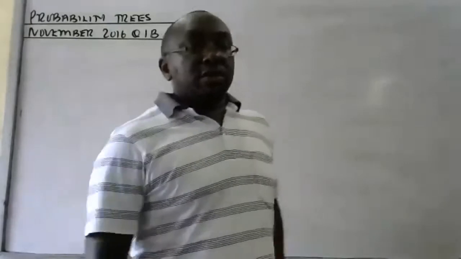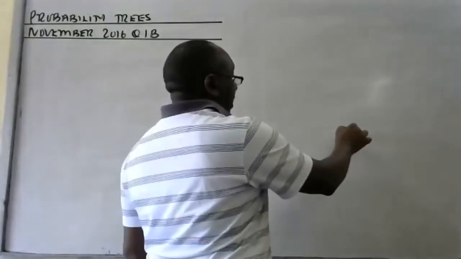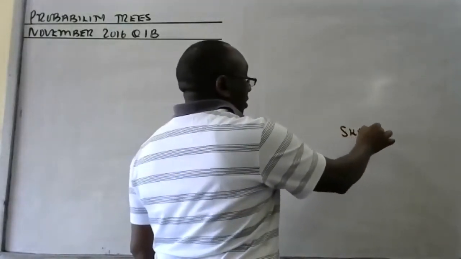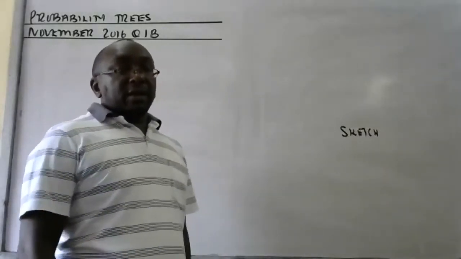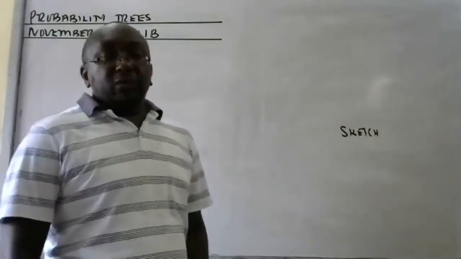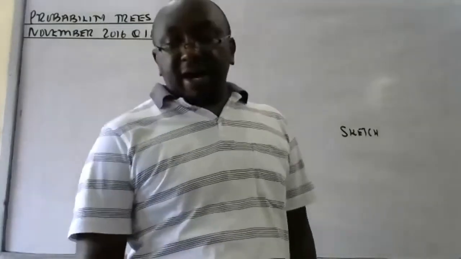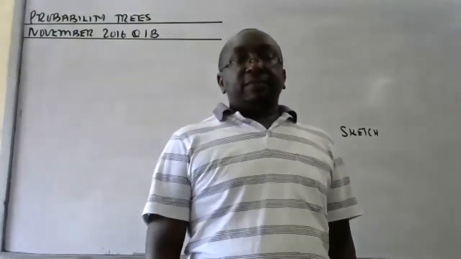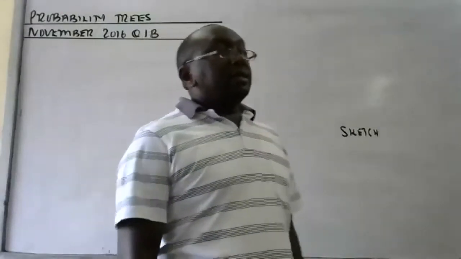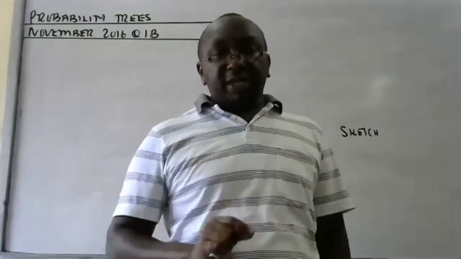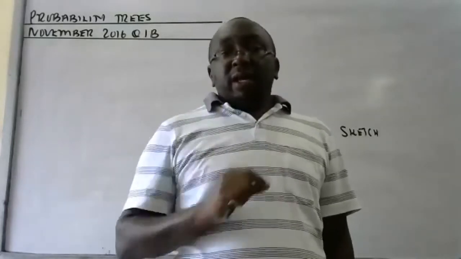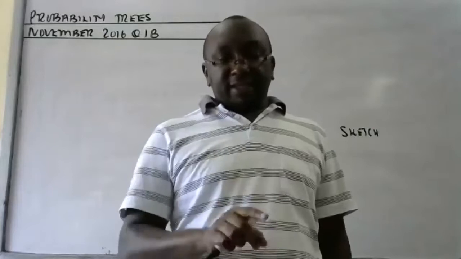So what you do is, first of all, to come up with a sketch. And what we are dealing with is an issue of defects. And a defect, it is either you have a defect or you don't have a defect. And we have 3 types of defects in this question.